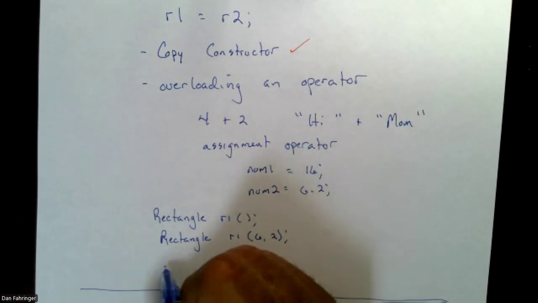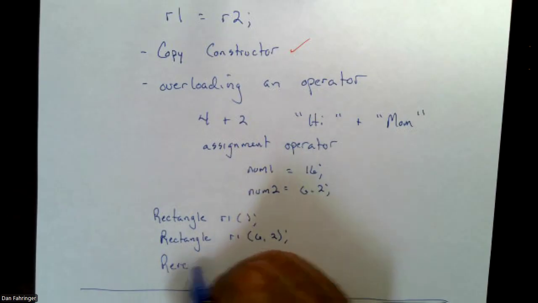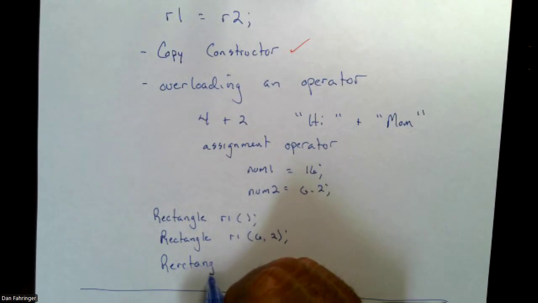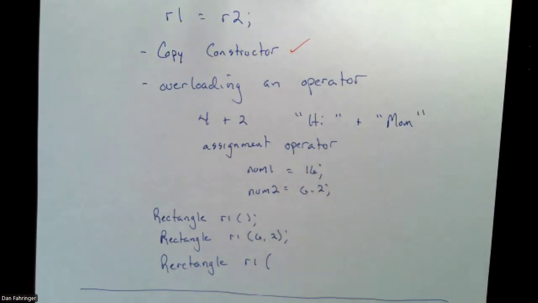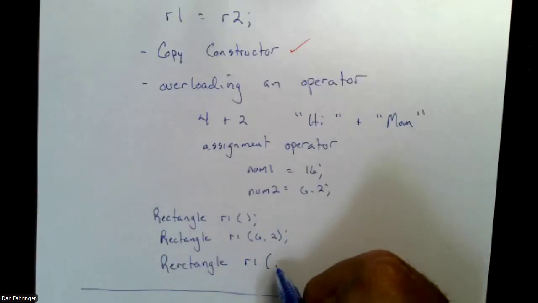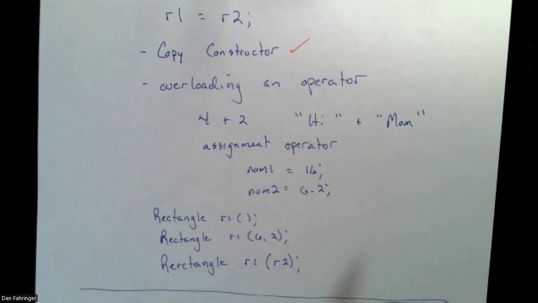So my calling of it now is going to be rectangle R1, but this time what am I passing in? R2. Not D2, just R2. I want to pass in an object, so my argument is going to be an object this time.